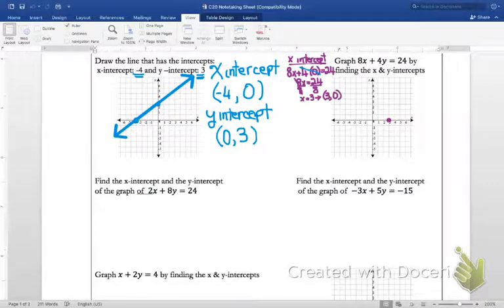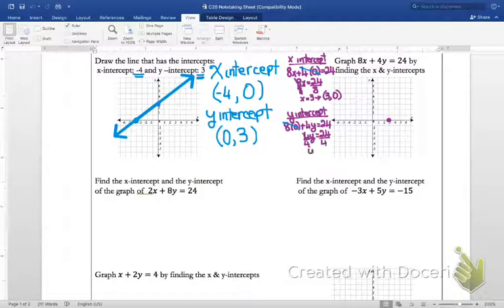So I am going to plot that point on my graph. That is my x-intercept. I'm going to do that exact same thing with the y-intercept, except I'm going to put my 0 where my x is. So to find my y-intercept, I'm going to take 8, throw out the x, put 0 in its place, then write down the rest of my equation. 0 times anything is 0, so I'm just going to cross that off, and I get 4y equals 24.